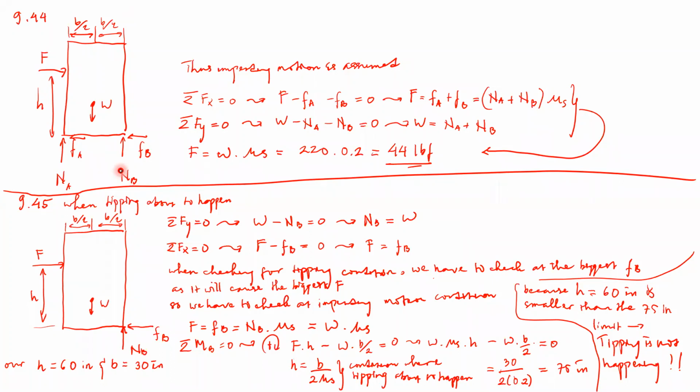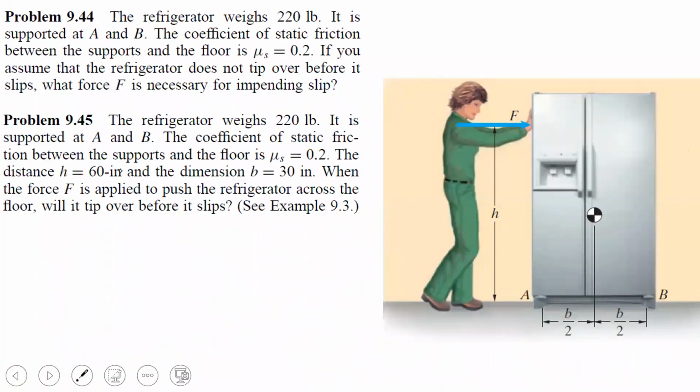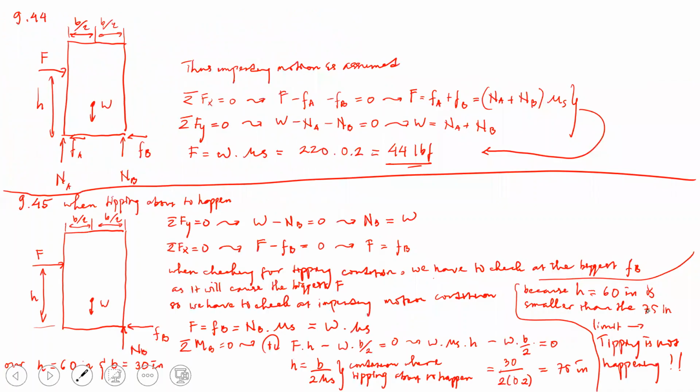Here the contact only happens at 2 points, point A and point B. In the previous example, the contact was happening at the whole bottom part. But for this refrigerator, the contact is only at point A and point B, so we draw it this way.